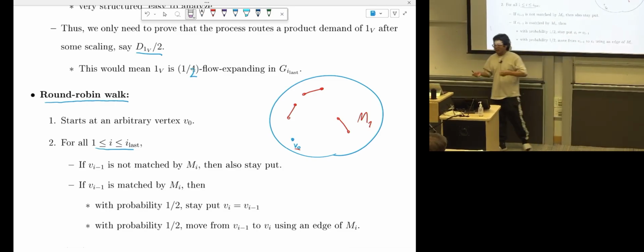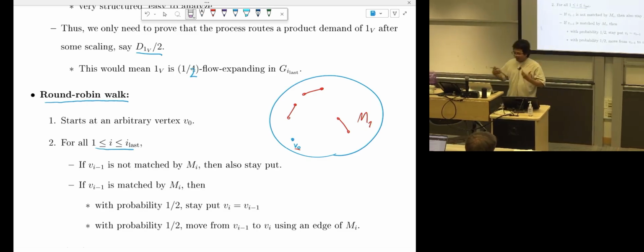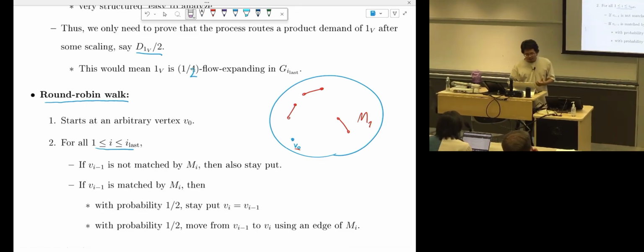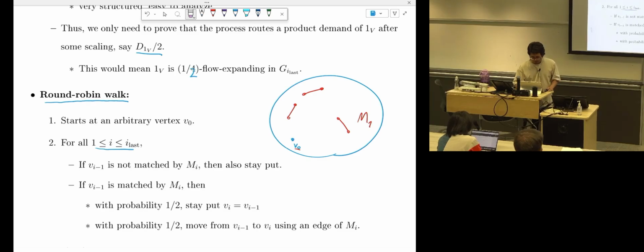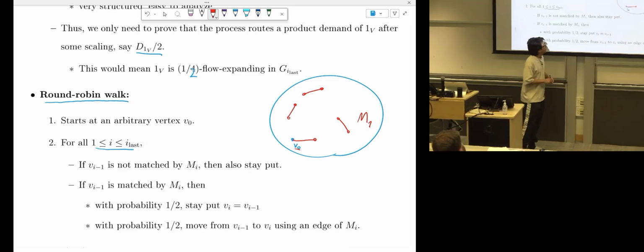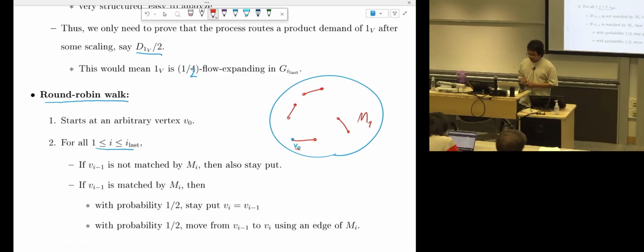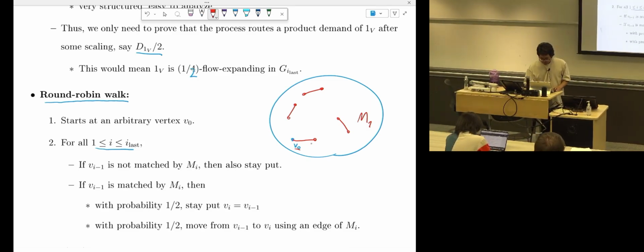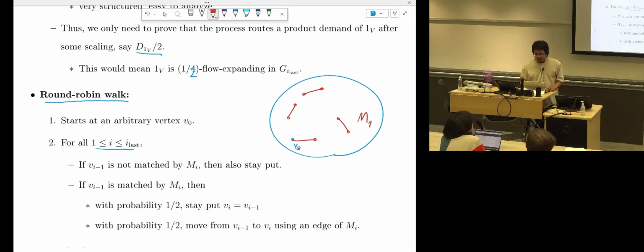Because at round I, we just look at the matching MI. So if M1 doesn't match V0, then we don't do anything. But if V0 is matched by M1, then there are going to be 2 choices.